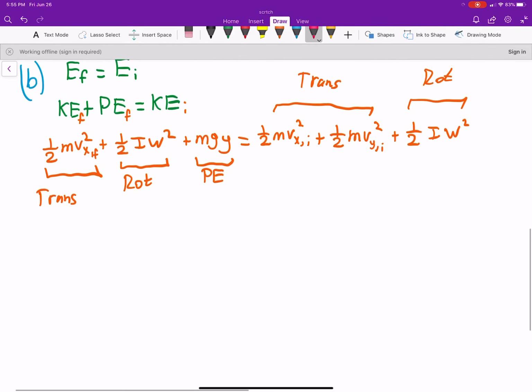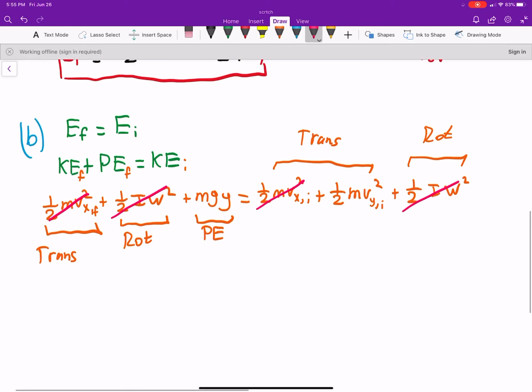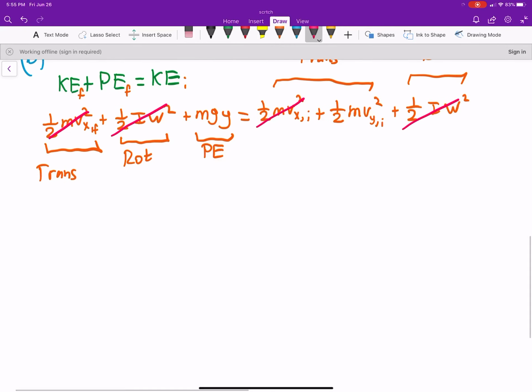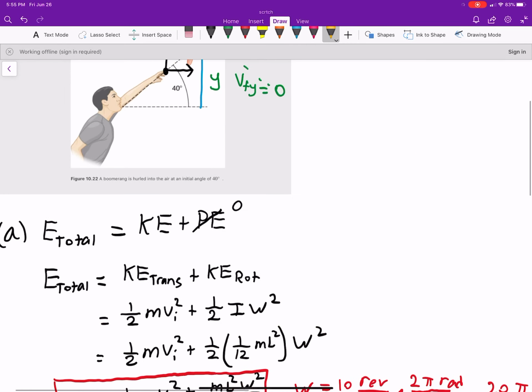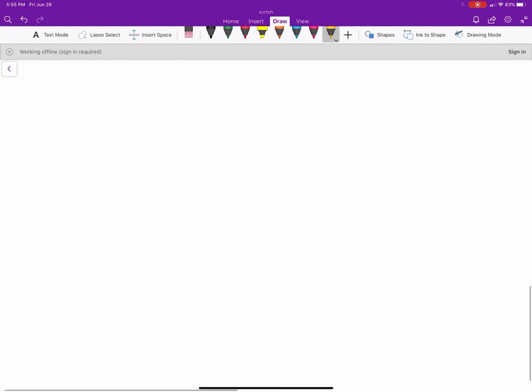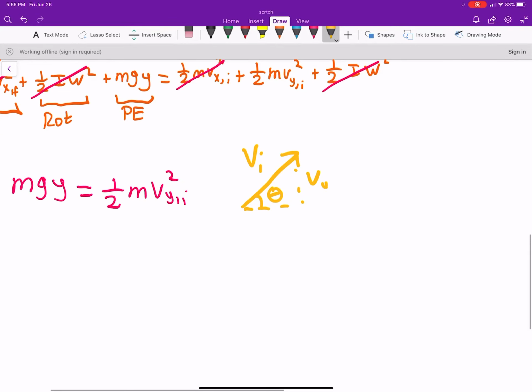Well, hopefully we can see that we can cancel things. So this will cancel with this, and this will cancel with this. Okay? So what do we have? We have mass times gravity times our height is equal to 1/2 m v y initial squared. If we look at the velocity, we have v initial, we have theta. This is the y component right here.